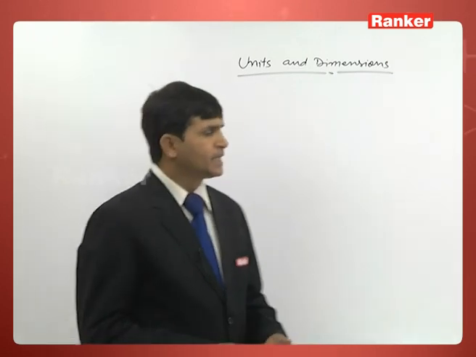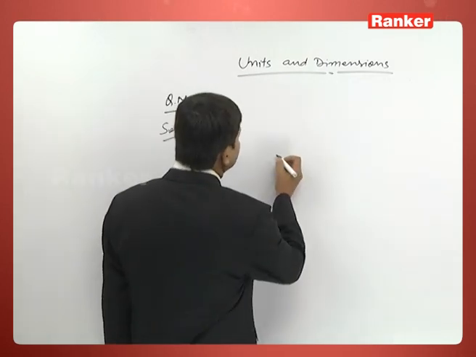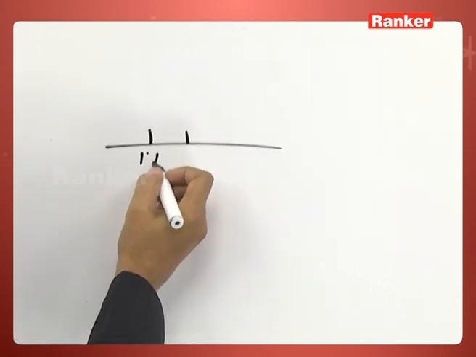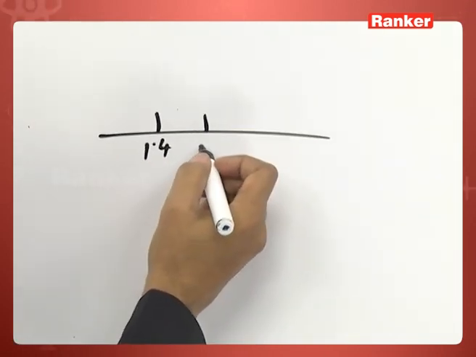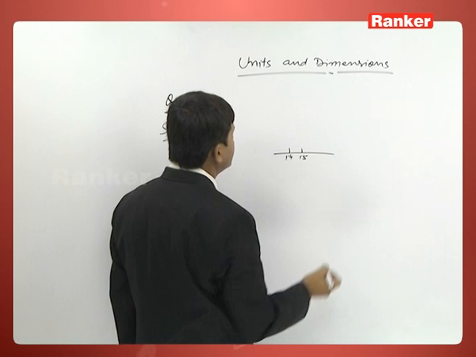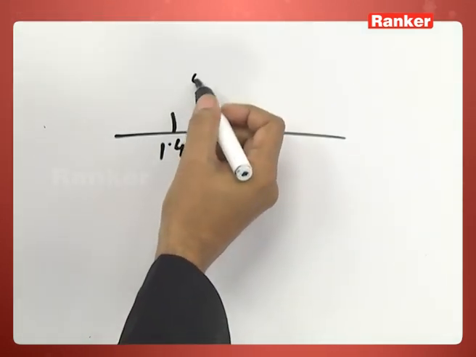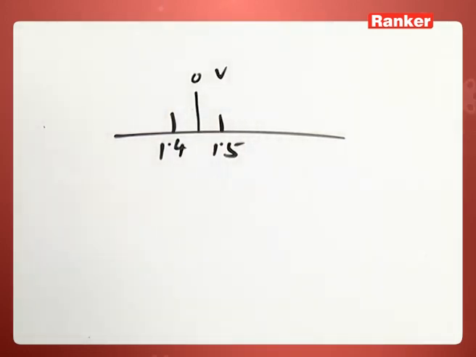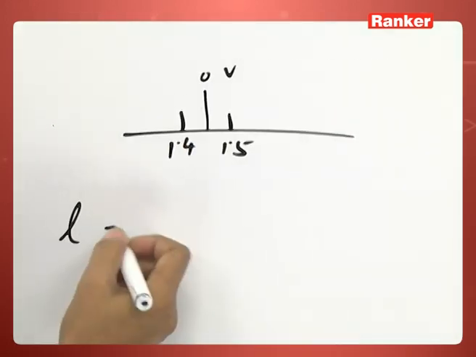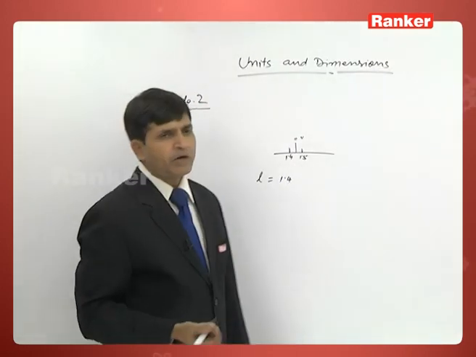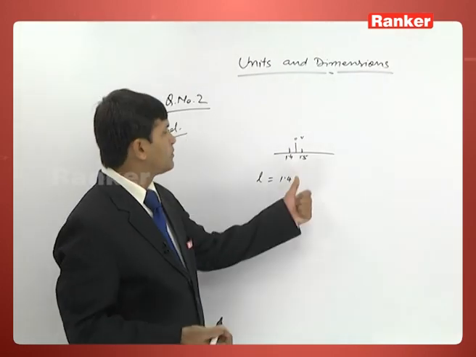As per the question here, it lies between 1.4 and 1.5. So this is the 1.4 reading and 1.5. It means somewhere here the zero of the vernier scale is lying. So the reading will be greater than 1.4 and less than 1.5.